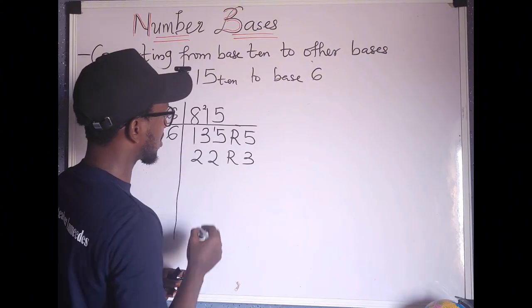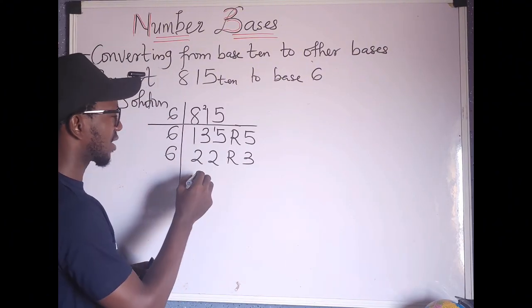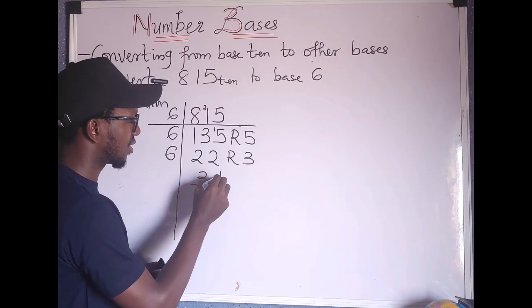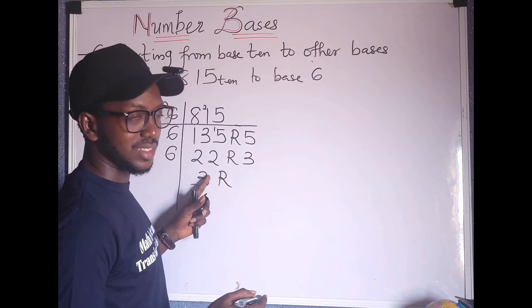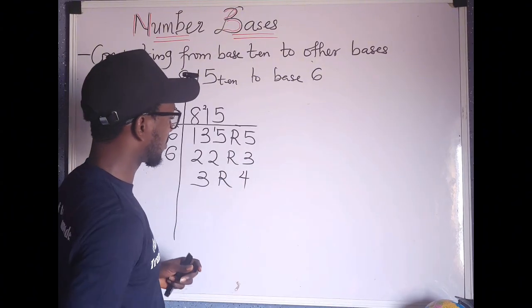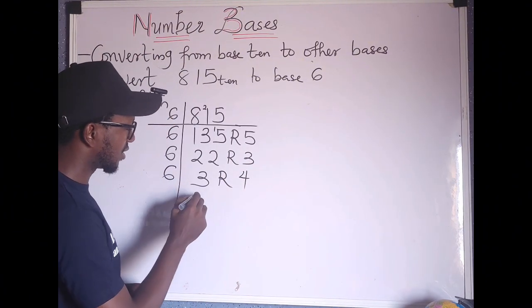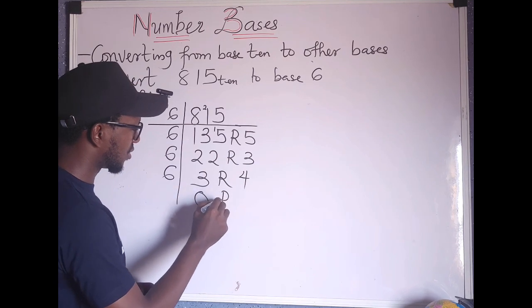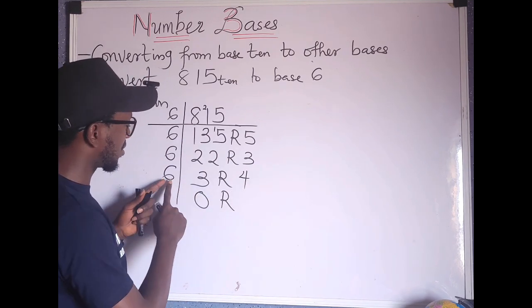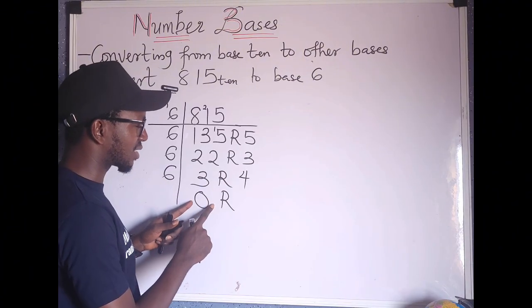Remainder 3. All right, so again, 6 in 22, that's going to give us 3. Remainder, that's 18. That will be left with 4. 6 in 3 is going to be 0. Remainder, don't forget what I said the last time. If the number here cannot go in this, you will write 0.